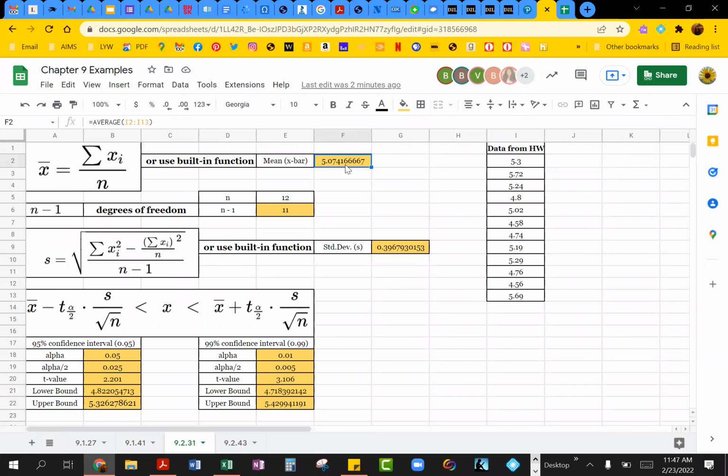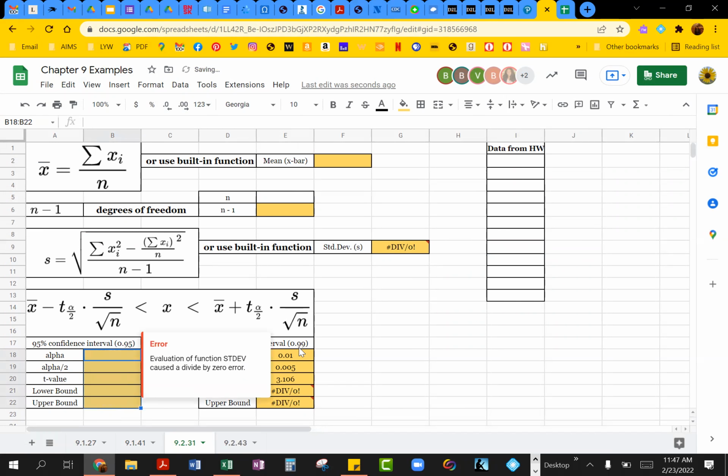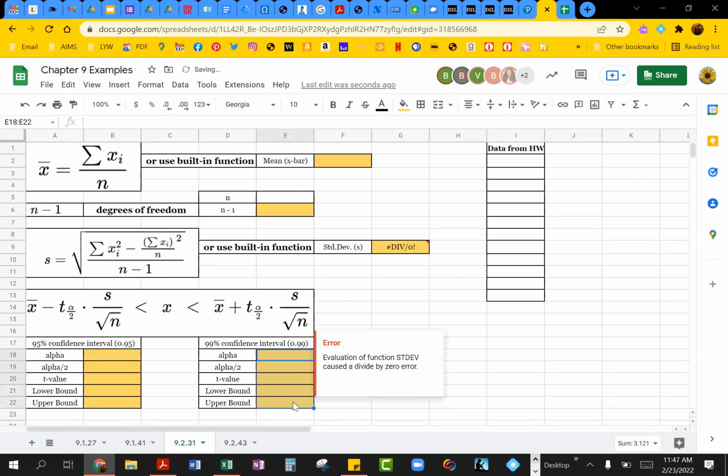So let's pick, I didn't realize I hadn't cleared these numbers out. Okay, so this one is talking about test statistic.